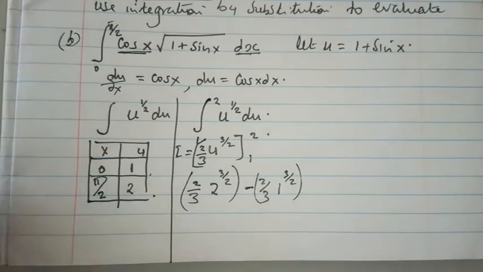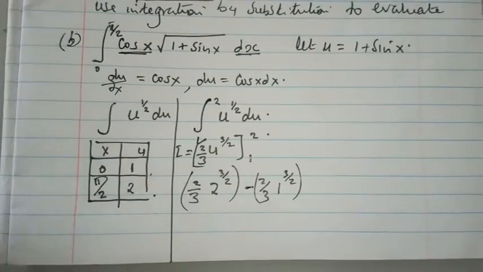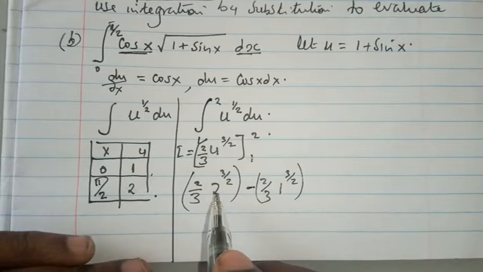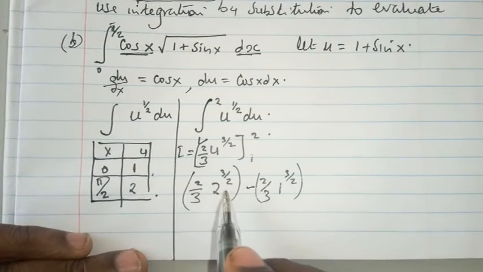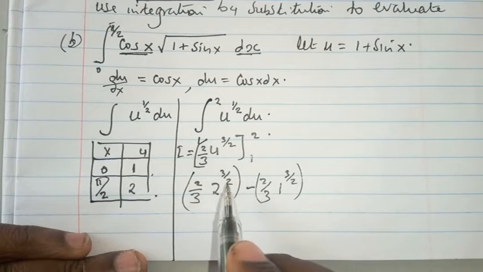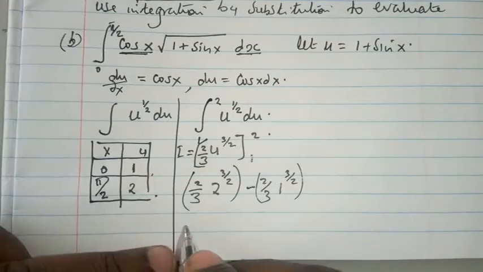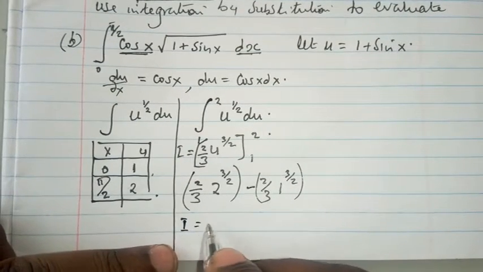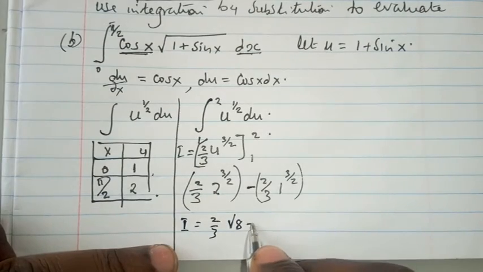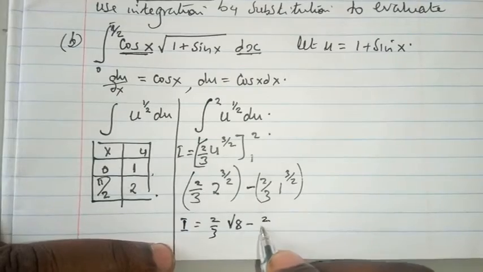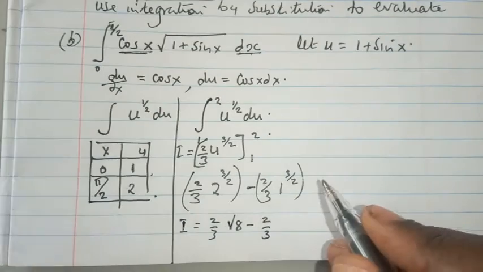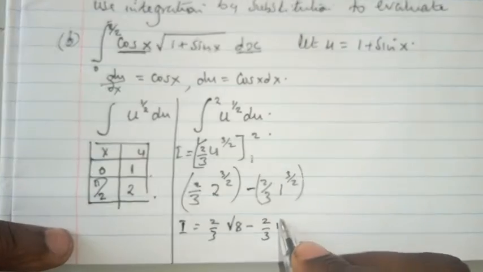Once the limits are substituted, we have to remember that 2 raised to power 3 over 2 is the square root of 2 cubed, which is the root of 8. So the integral is 2 over 3, the root of 8, minus 2 over 3, the root of 1 cubed, which remains 1.